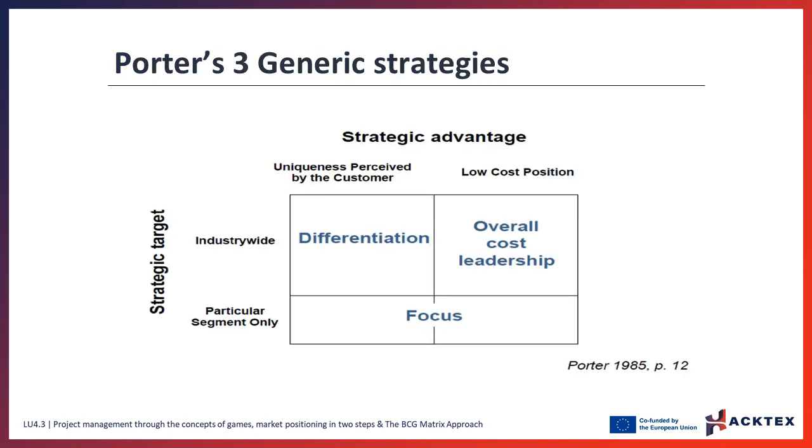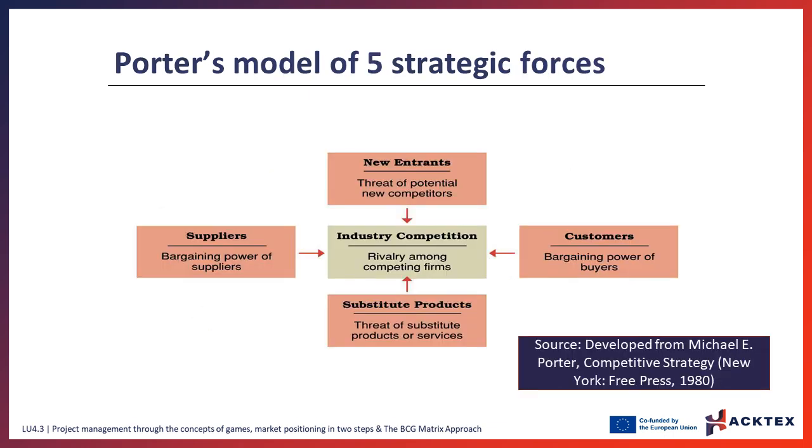Porter called the generic strategies cost leadership; differentiation, creating uniquely desirable products and services; and focus, offering a specialized service in a niche market. He then subdivided the focus strategy into 2 parts: low-cost position, and particular segment only.